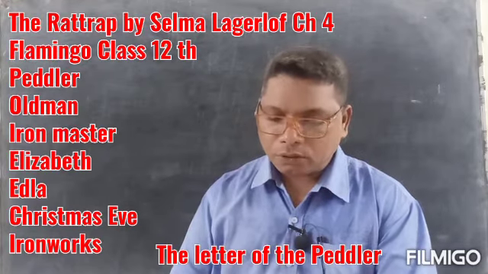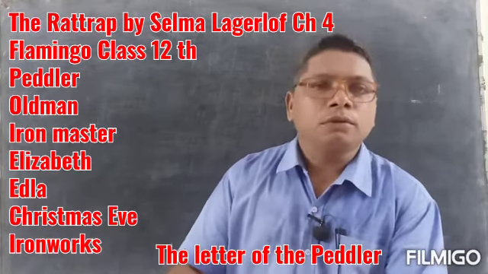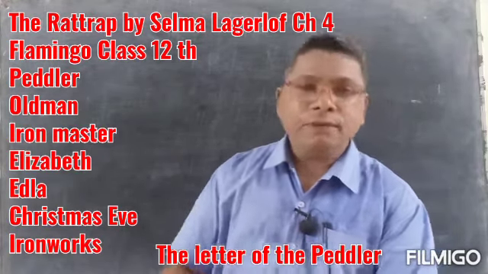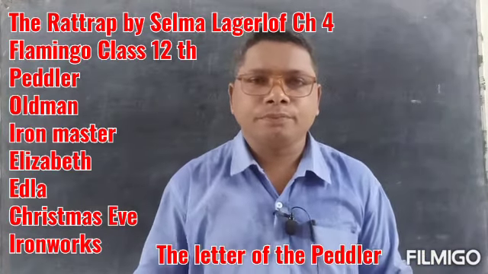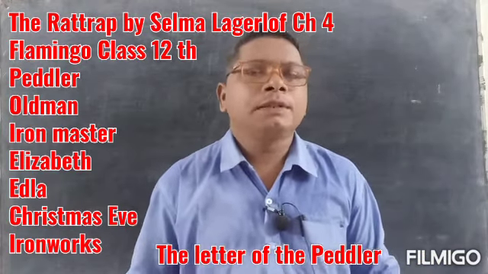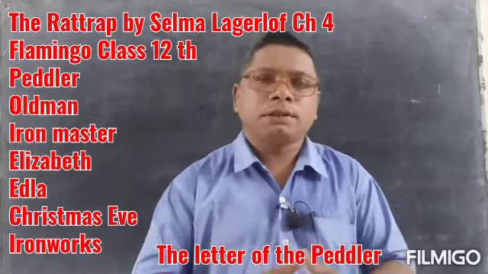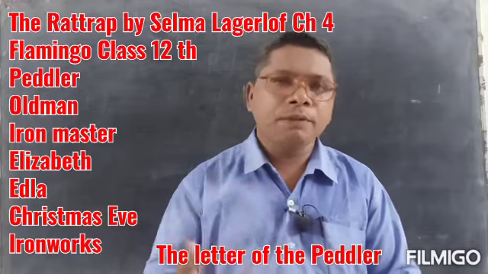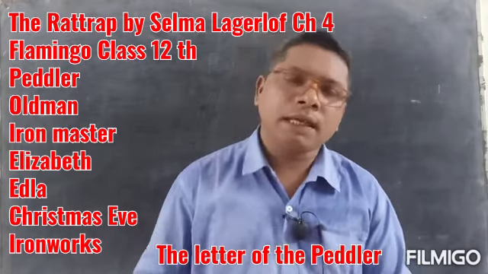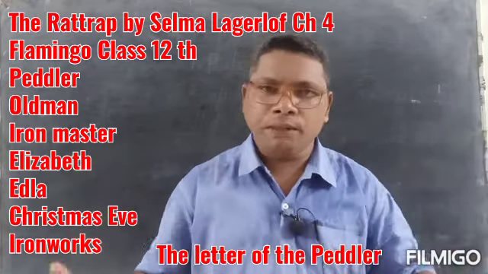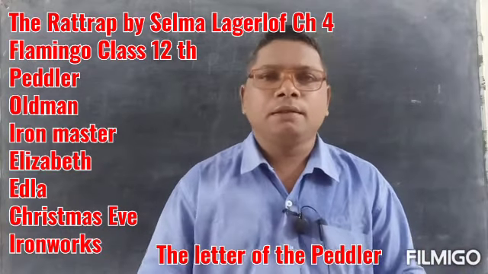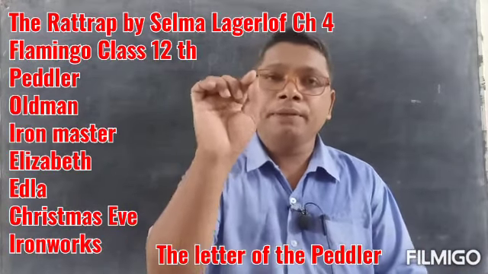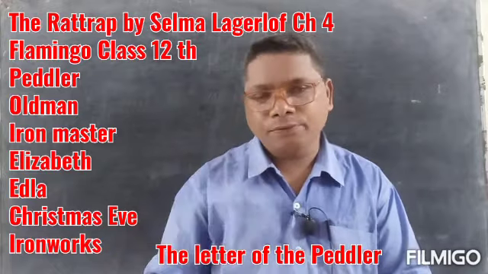In that letter, what was written there? In that letter, he confessed about himself. He told all about his story. He confessed that he was a stealer and was doing stealing. But their behavior had changed his life.